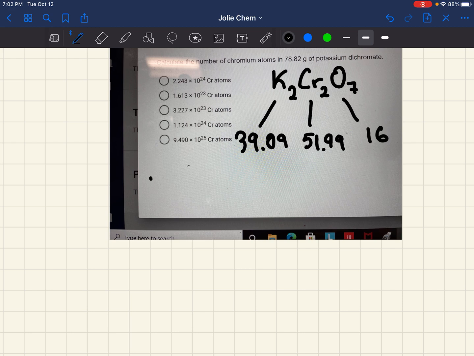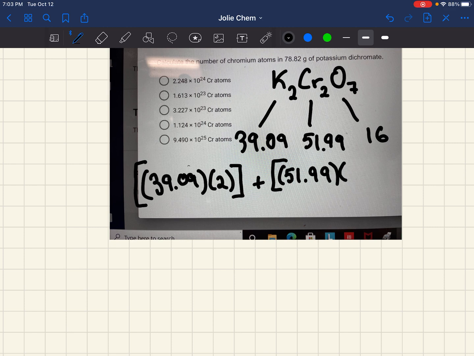So what I would do here is 39.09 times 2, plus 51.99 times 2. And then how many oxygens do we have? 7. So it's just going to be 16 point something like that.